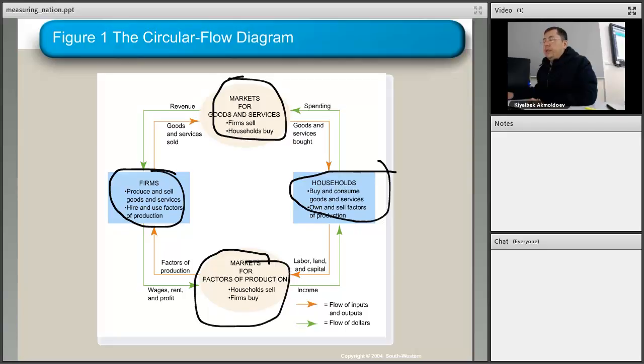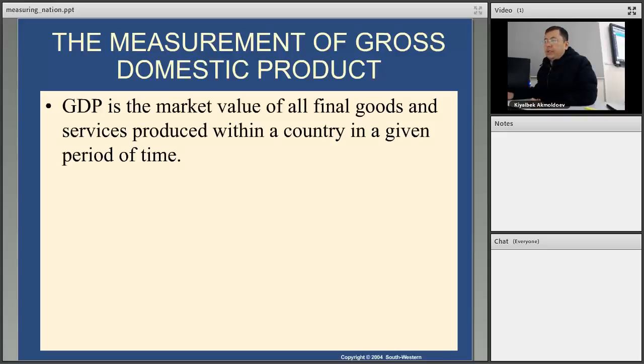So spending by households should be equal to the income of firms. In the economy, household spending equals firm's income, and firm spending in the market for factors equals household's income. So we see that income and expenditure are the same in the market.